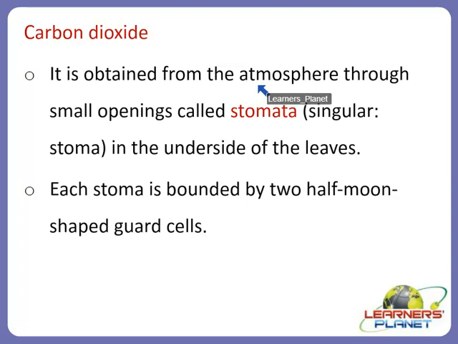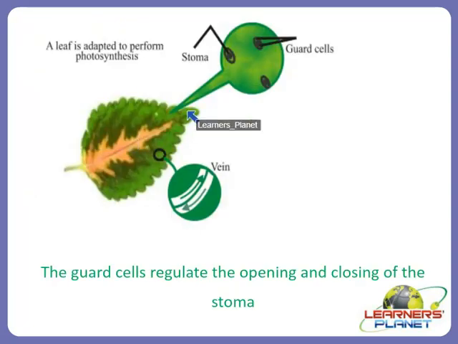But how is this gas absorbed by the green plants? It is absorbed by the leaves where there are small openings called stomata, and in singular form we call it a stoma. Each such stoma is bounded by two half-moon shaped guard cells.